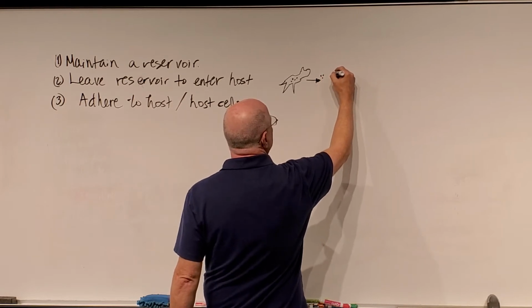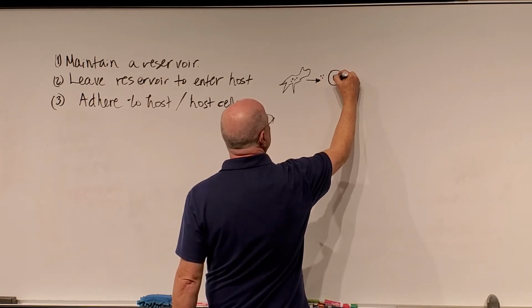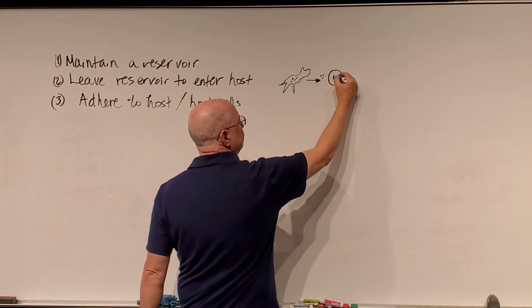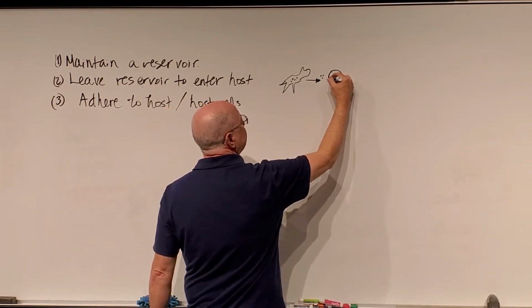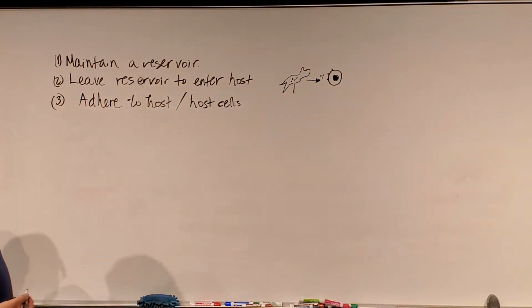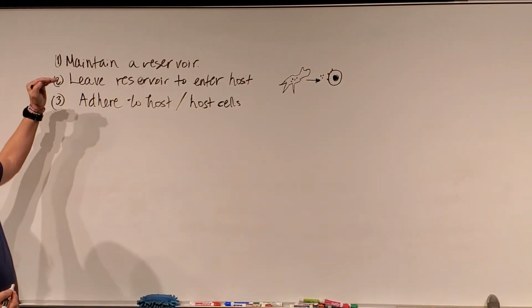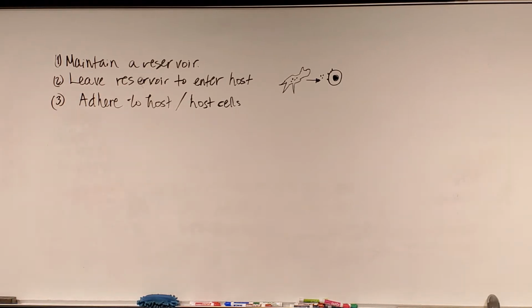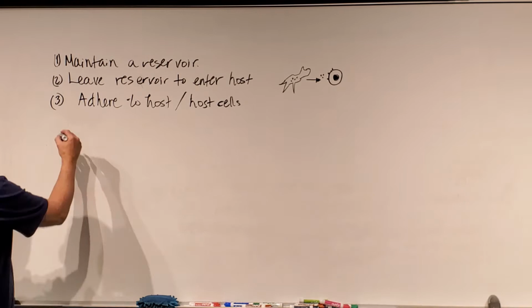But then it has to actually adhere to the cells of the host. This would be the nucleus of a host cell, and these pathogens have to have a way to adhere to the host cell. Okay? So they have to maintain a reservoir, leave the reservoir, adhere to a host cell. And then they have to actually be able to invade the host.